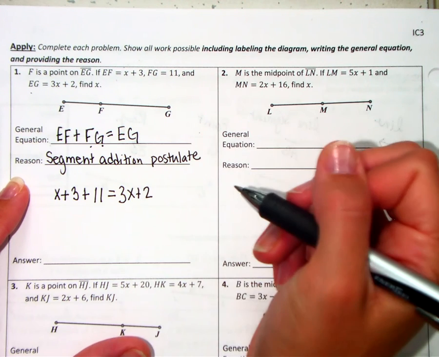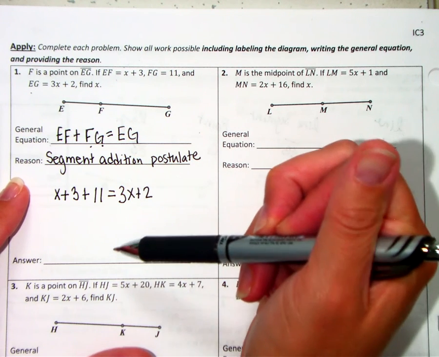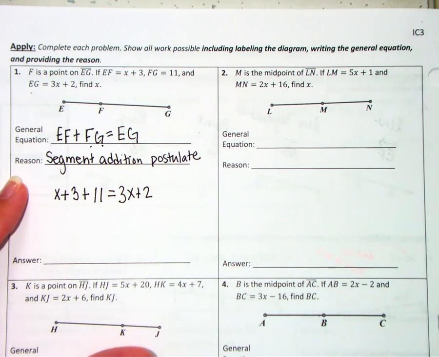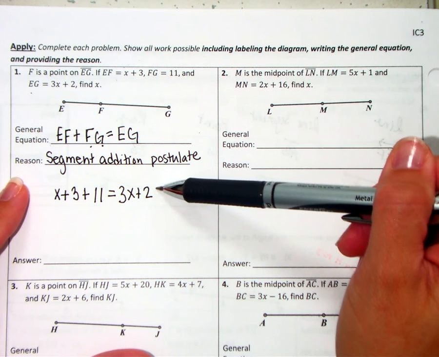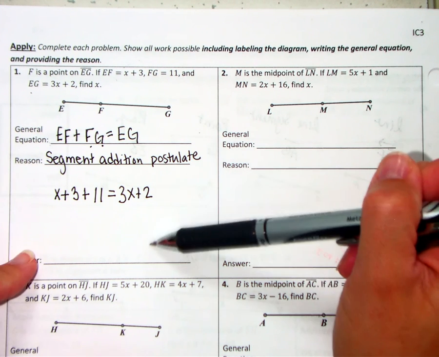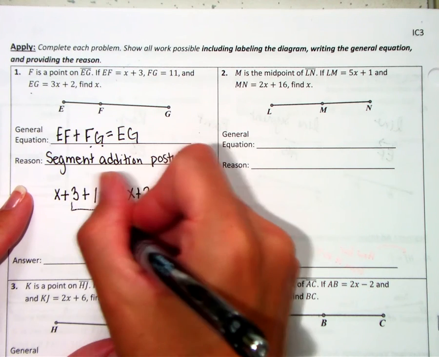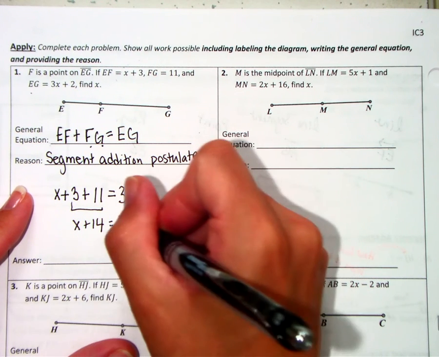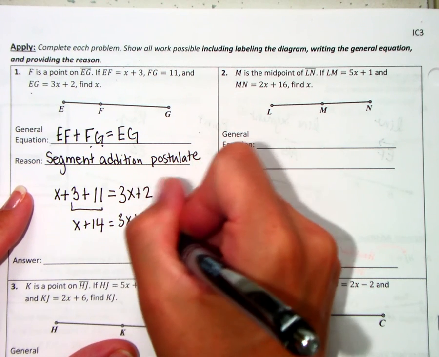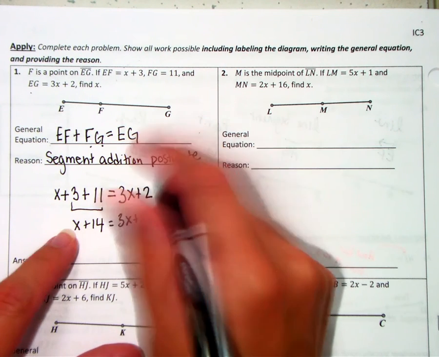You can pause the video again right here and try to solve this on your own, but I'm not as worried about the algebra as I am about the geometry. So up to here, that part is the geometry, that's the new part, and everything down here is just the algebra that you learned last year. So let's just combine our like terms. Subtract this 1x from both sides, get your x's together.